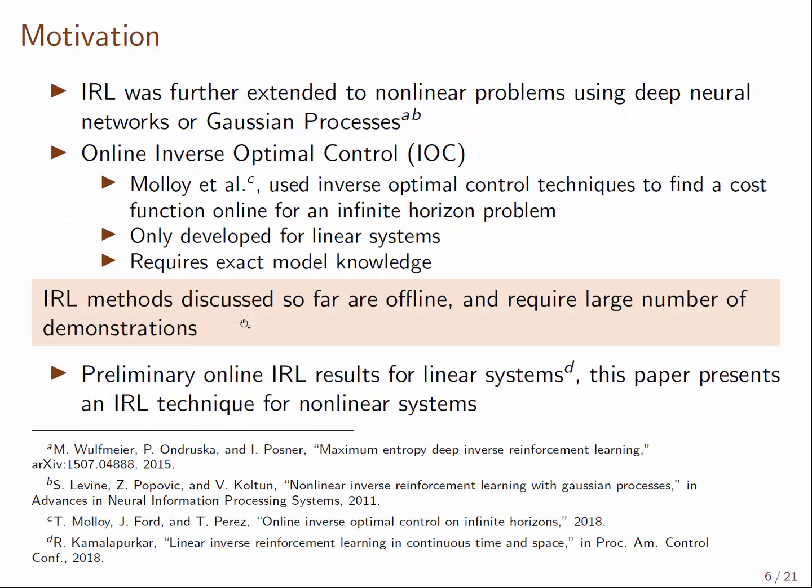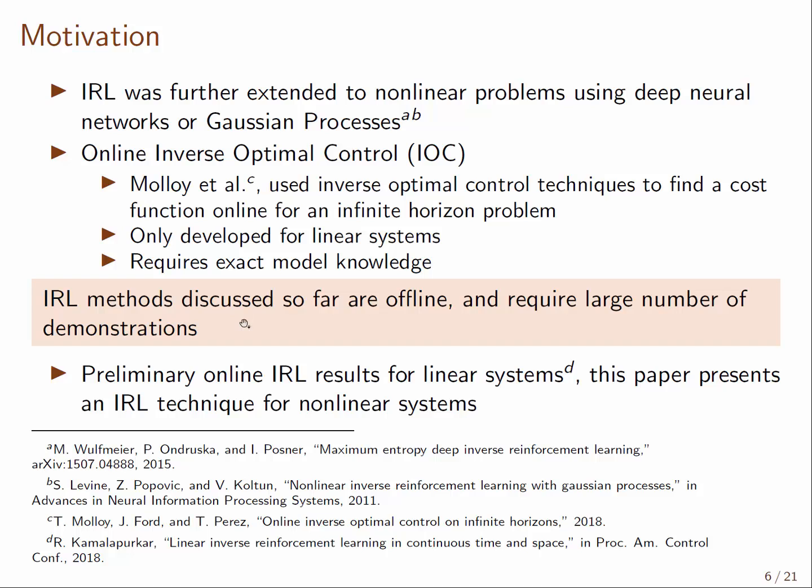Nonlinear IRL has also been implemented using deep neural networks and Gaussian processes to approximate the value function and the cost function. But most of these methods are offline and they require a large number of demonstrations to calculate the cost function of the agent under observation.